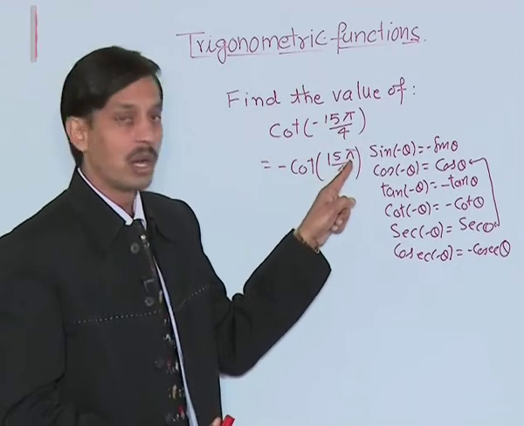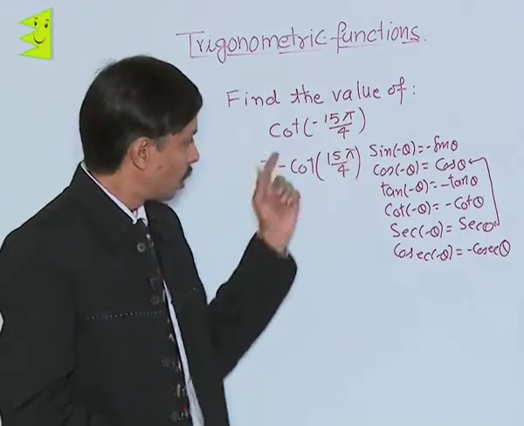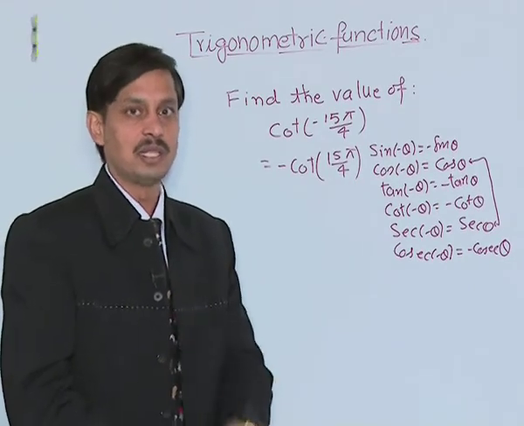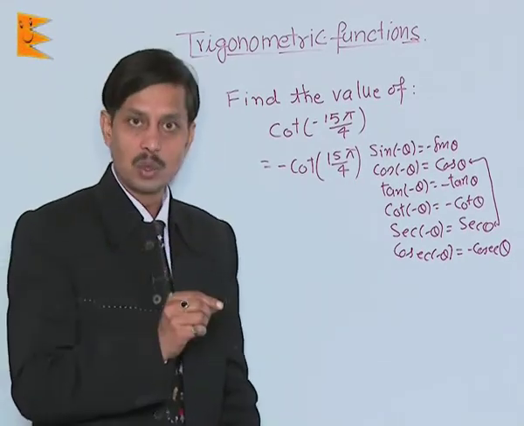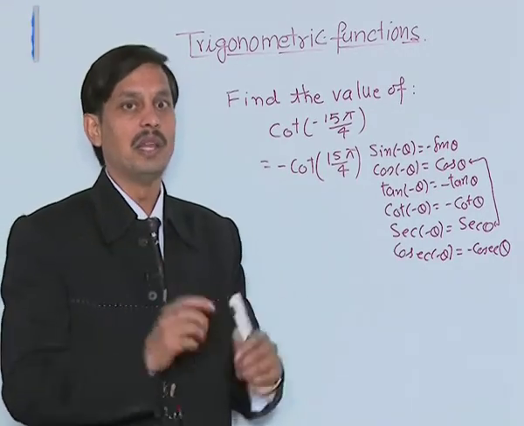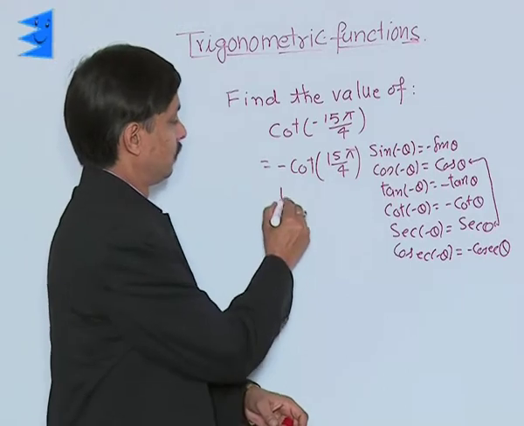So if I want to convert this circular system value of the cot into the sexagesimal system, I can convert by taking the relation pi radian is equal to 180 degrees.